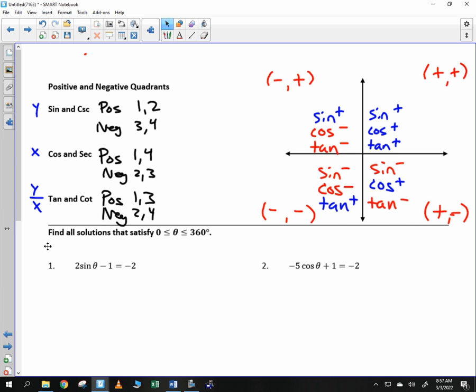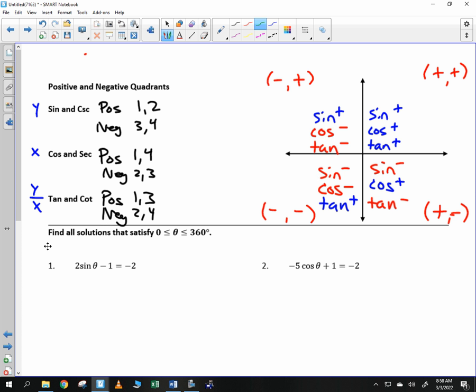I try to think of it that the y values are positive above, so that's why sine is positive up. The x values are positive to the right, that's why cosine's positive to the right. And then tangent's positive where you have those same signs. That's how I try to think of it. But here's the tactic that many students have used throughout the years.